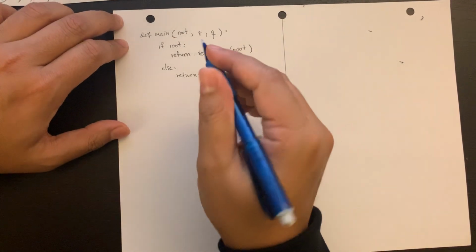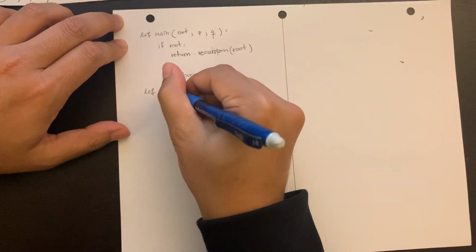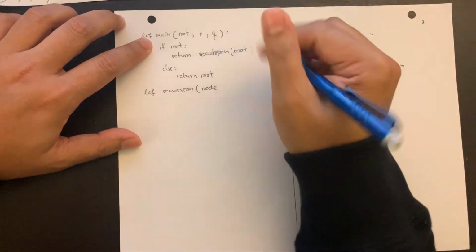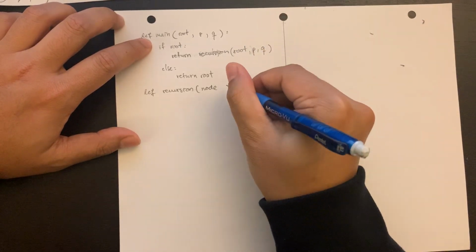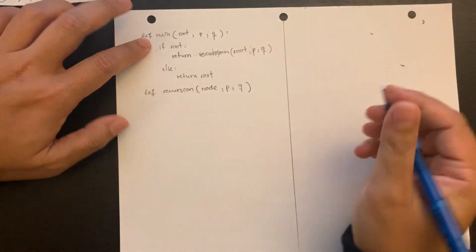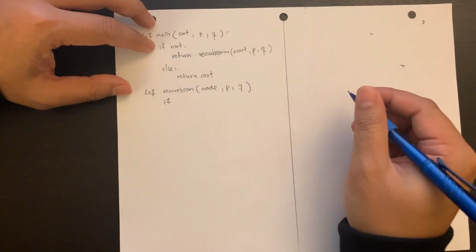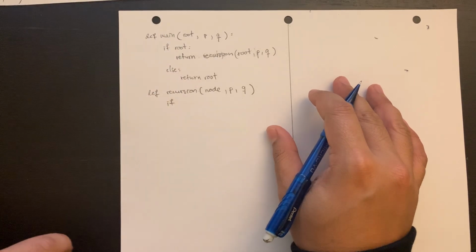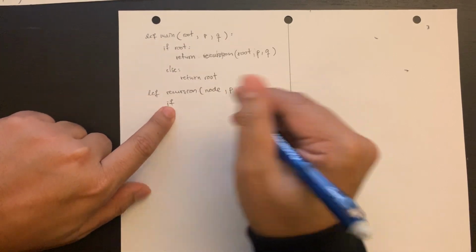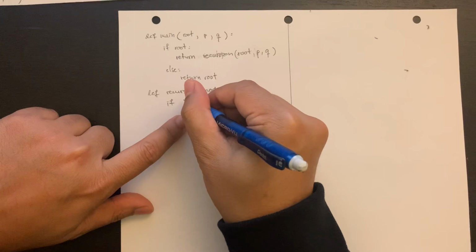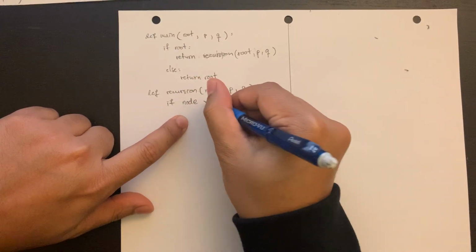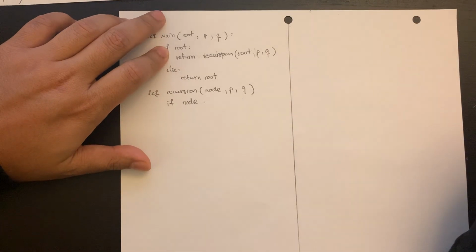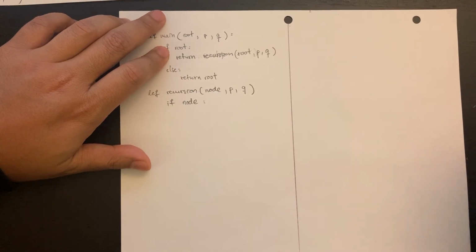All right, let's try the recursion function. Oh, it also needs to know P and Q. So according to my pseudocode, if current node, if nodes, so if it's valid, I think I need to have another function that checks the validity of this.